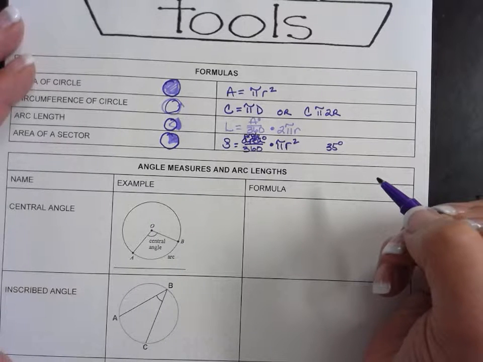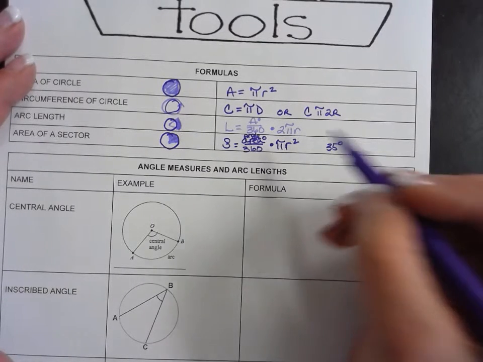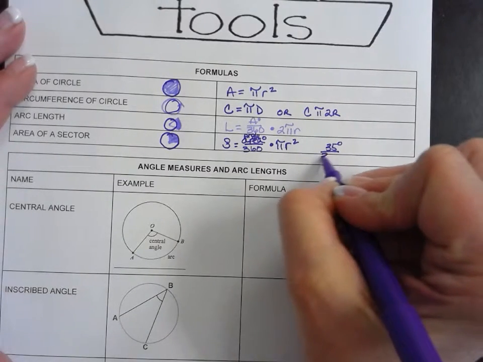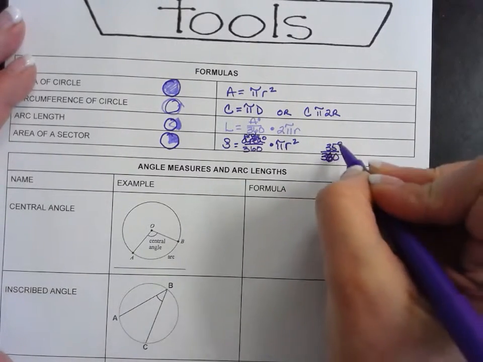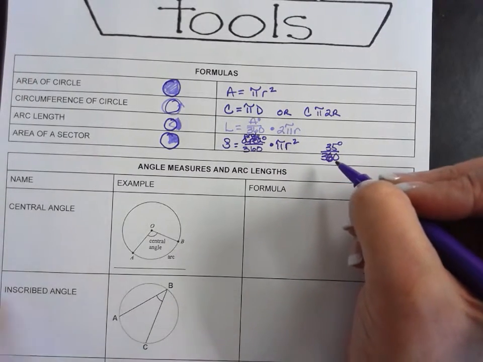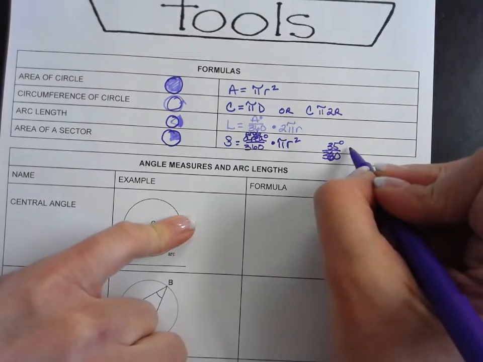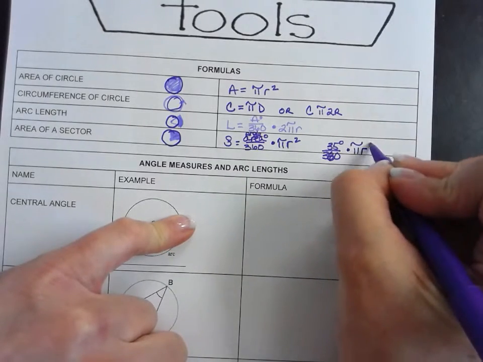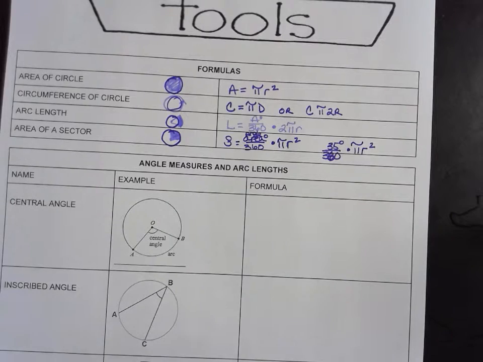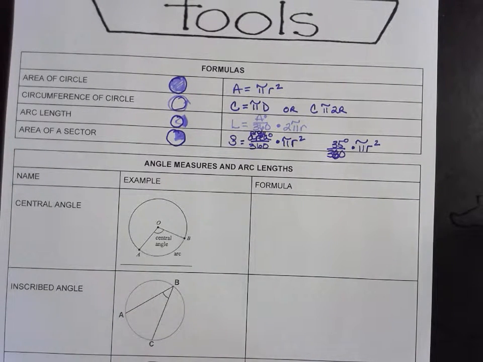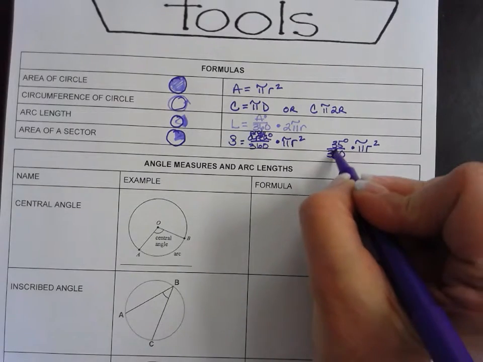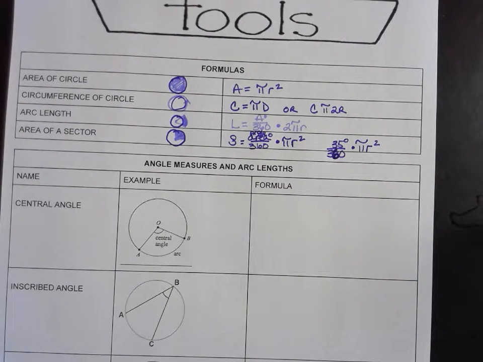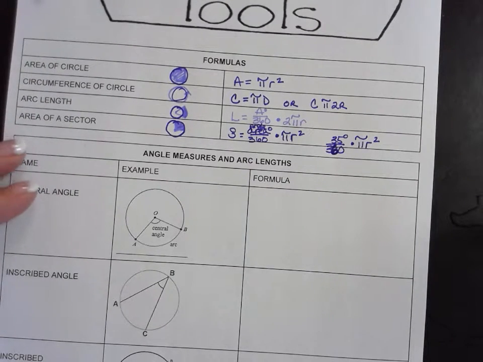So I would have 35 divided by 360, because that's what portion of the circle I have, times my area formula. Good?